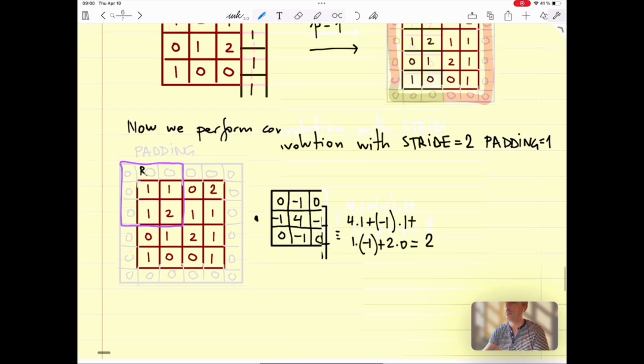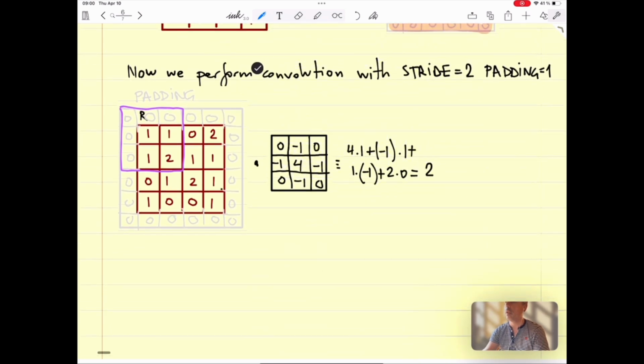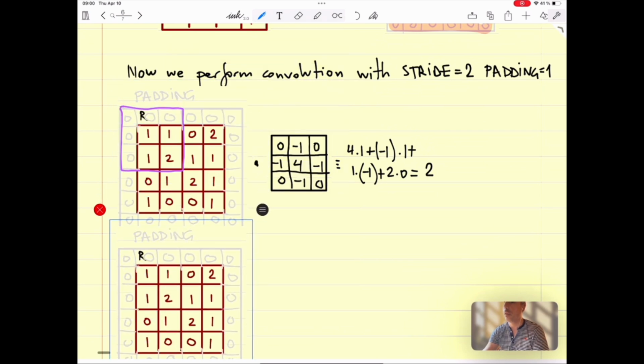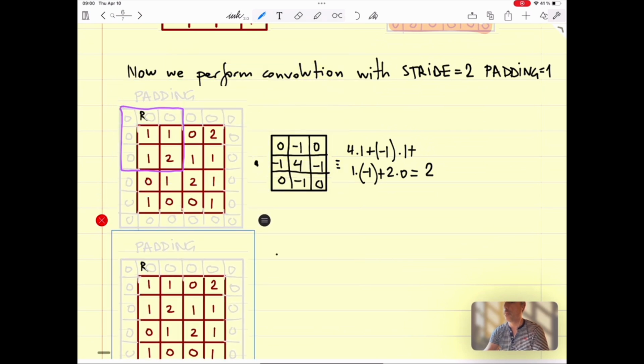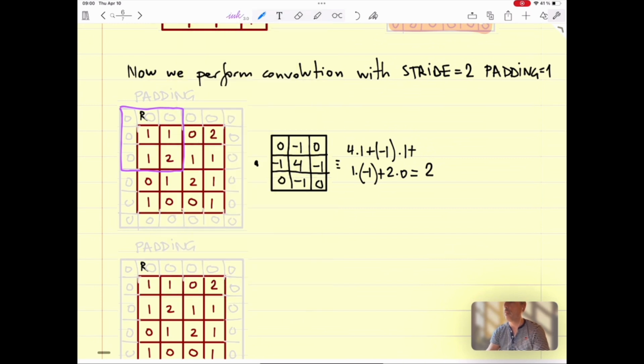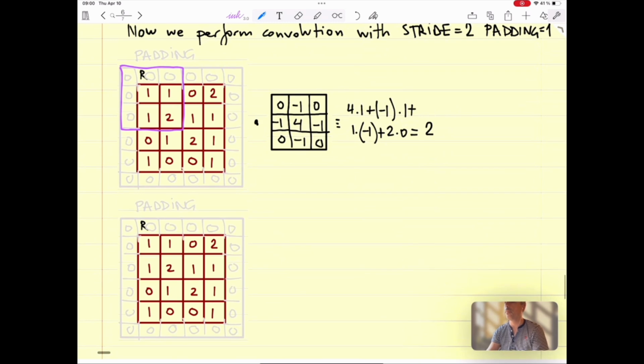Okay. So David, stay with me, please. Don't go too far. Where is the next one? Remember, stride is 2. 2 to the right. So I start here, right? Very good.